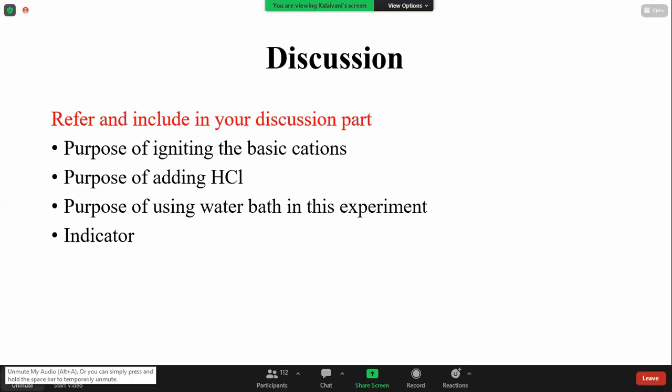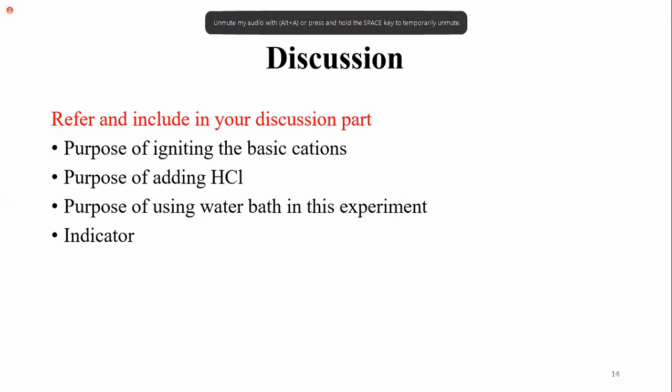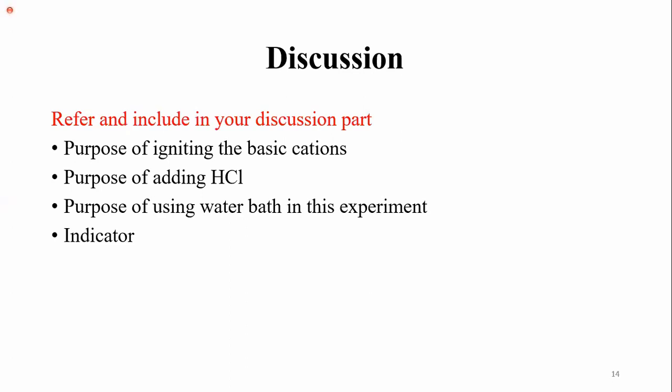Okay, some of you asked, ma'am, whether we have to multiply by 100 or 10 to get base saturation. Here the base saturation we are giving as a percentage, so for that we have to multiply by 100.